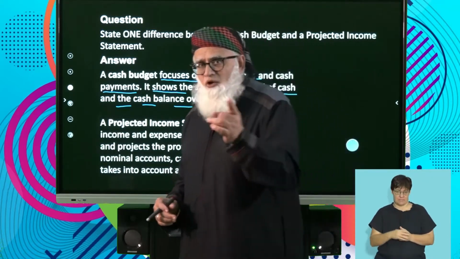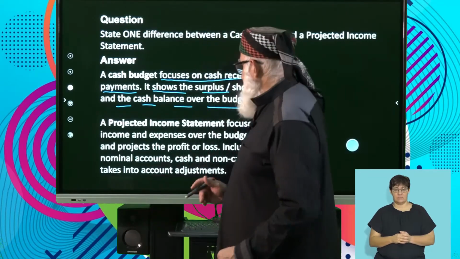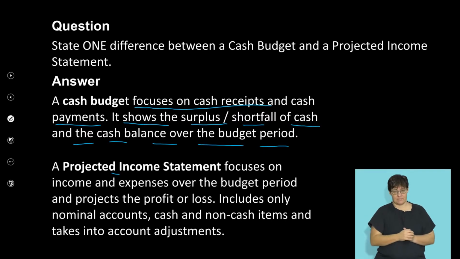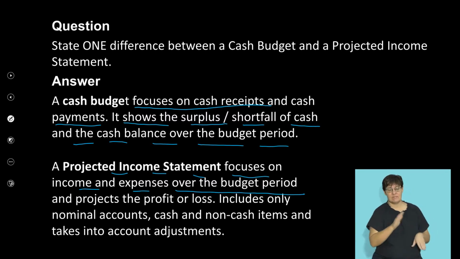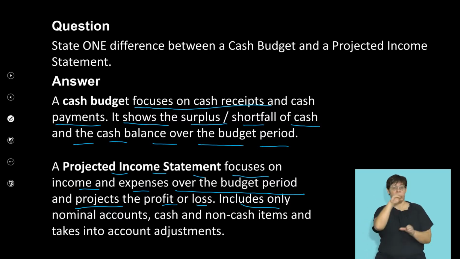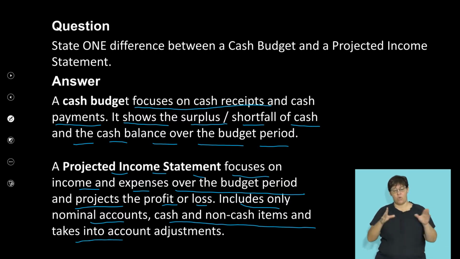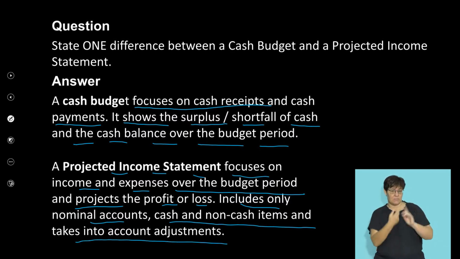Okay, now look at your projected income statement. A projected income statement focuses on incomes and expenses over the budget period, and it projects the profit or loss, includes only nominal accounts, cash and non-cash items, and takes into consideration all your adjustments. A lot, but let's break it down.